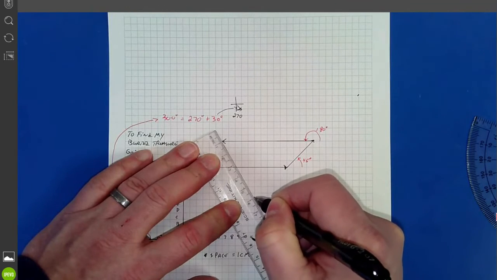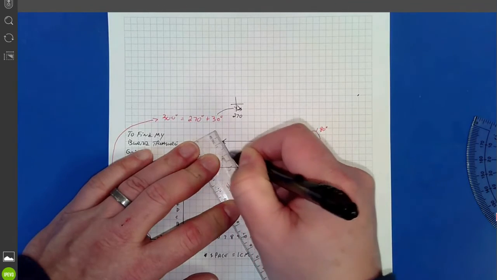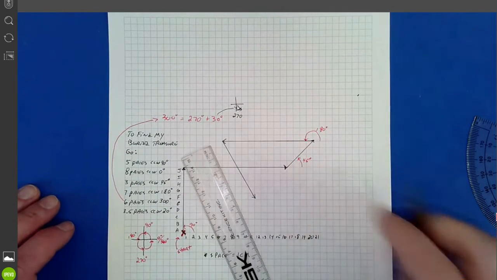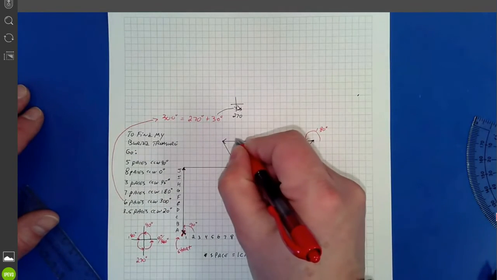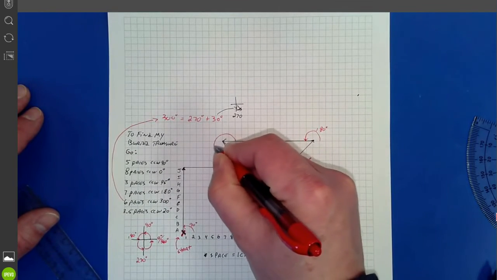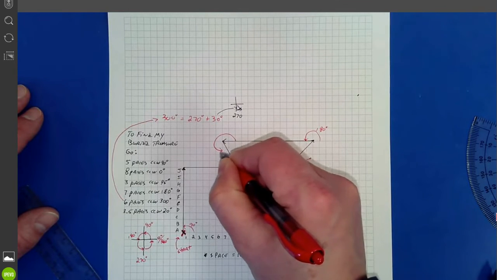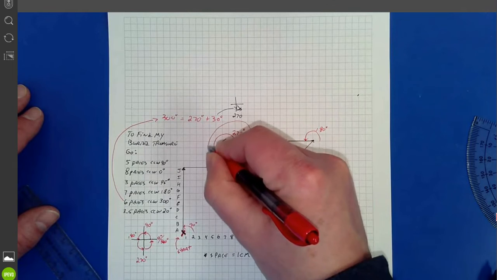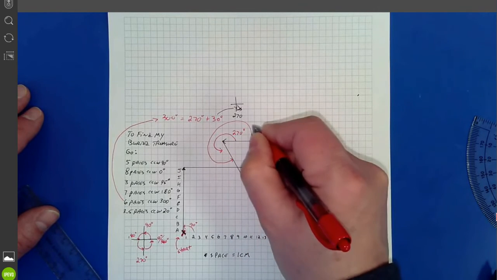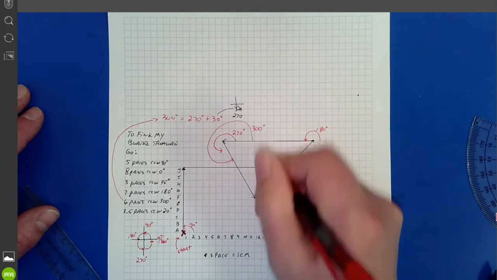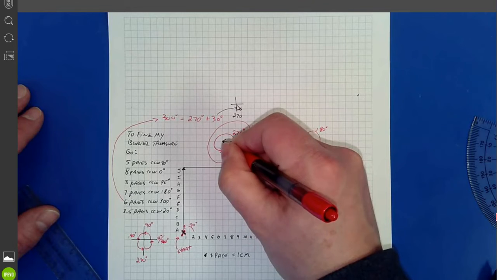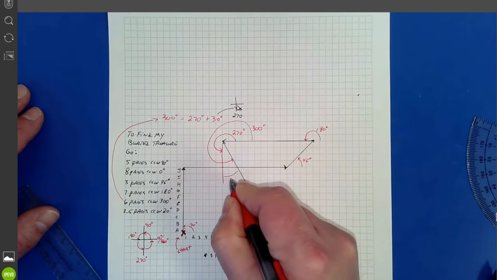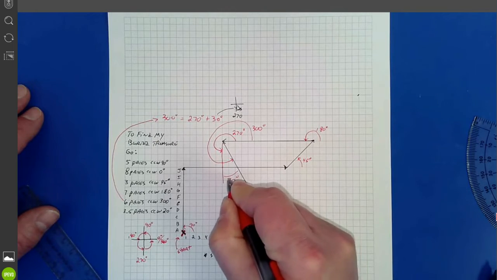It actually goes right to the mark that I made. To this line, that's 270, and to this one, that's 300. And if you want to talk just about this angle in here, that's 30.